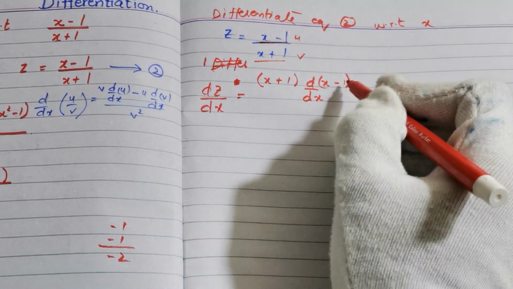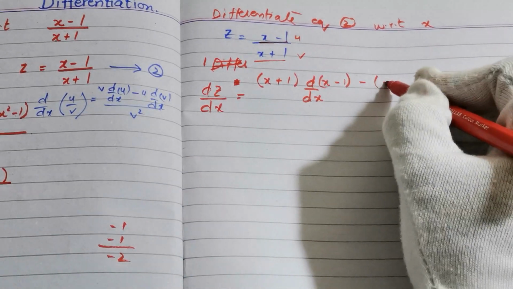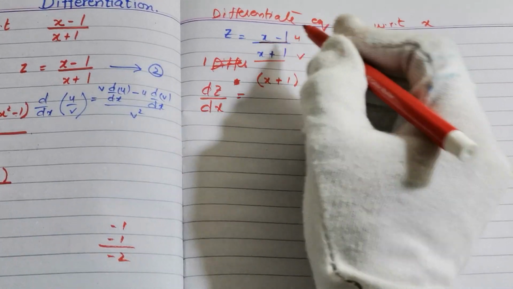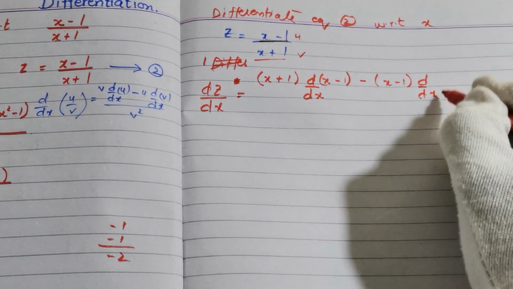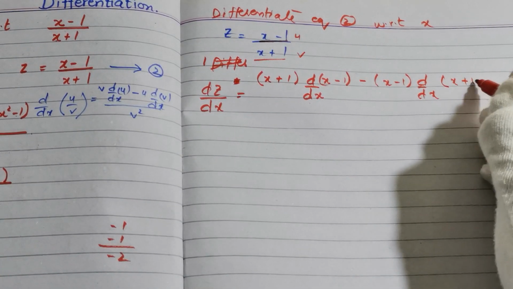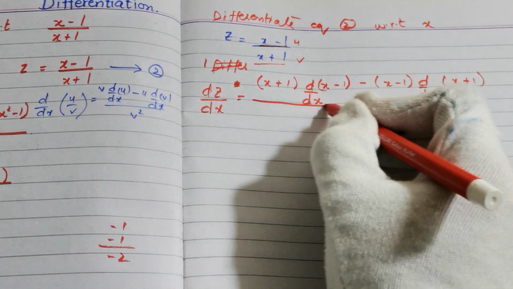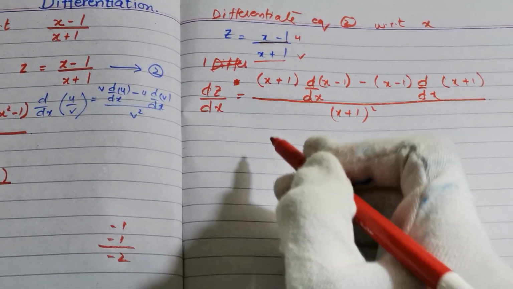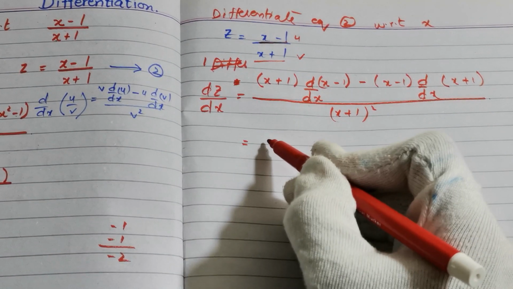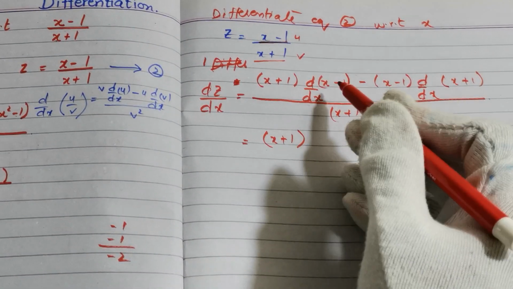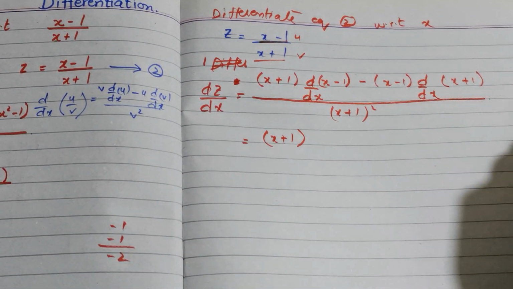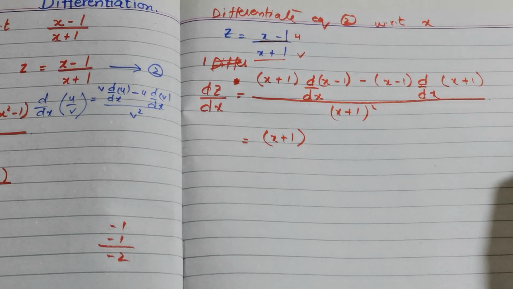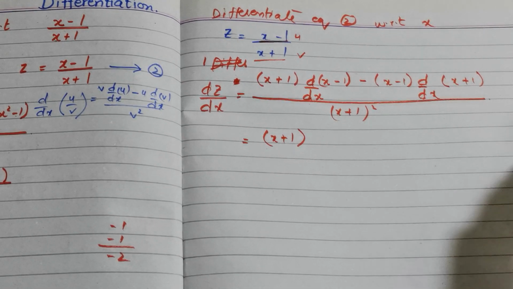v derivative of u, use this term, minus u, use this term, derivative of v, is x plus 1 whole divided by v square, x plus 1 square. Now x plus 1 as it is, derivative of x is equal to 1.